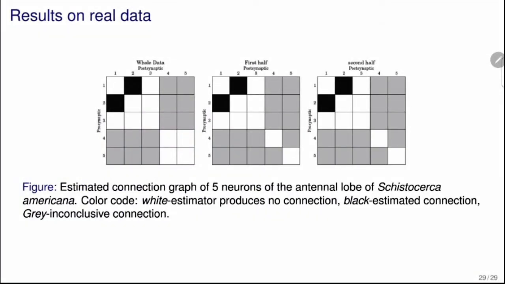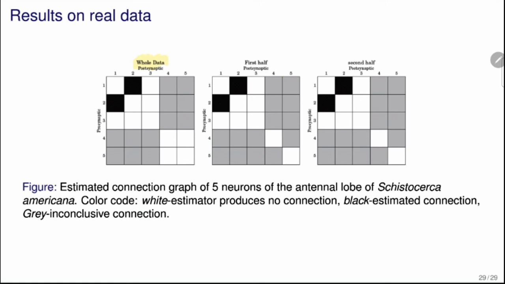On the 5 by 5 matrix on the left, the results correspond to the whole data set. We can see that the interaction neighborhood estimator indicates that neuron 1 is in the interaction neighborhood of neuron 2, and similarly that neuron 2 is in the interaction neighborhood of neuron 1.